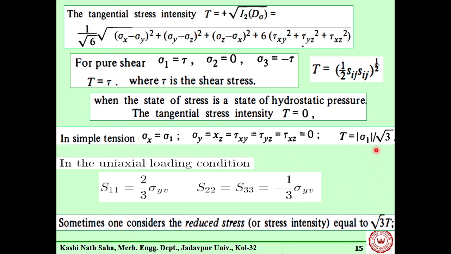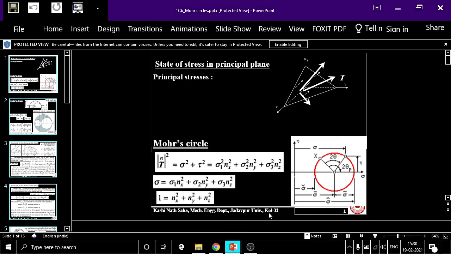We will get 1 by root 3, and this sigma 1 is your sigma. Now you recall that corresponding to the maximum shear stress failure theory, this is our failure condition, is it not? That is why this tangential stress intensity is something we use in failure theories. Clear? So this much for today. This is about our Mohr circle.